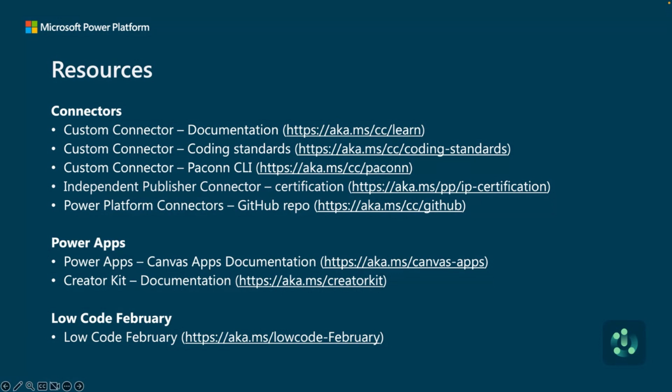You can have documentation, coding standards, which are really helpful. A CLI where you can download the connector if you want to and put it in source control, for instance. There's also a part about the independent publisher certification. And of course, the GitHub repo, which is really important, because that's where everything starts. And of course, the Power Apps are in there as well. So you can go to the Canvas Apps documentation and the Creator Kit documentation.